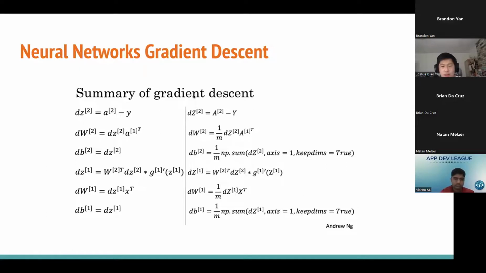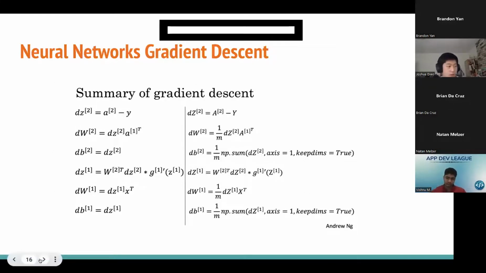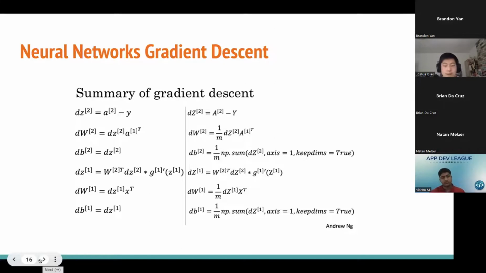The right part is more about the gradient descent of neural networks with multiple training examples. If we have a file of XY coordinates, the left part is only for one XY coordinate and the right part is for all the XY coordinates. All right.